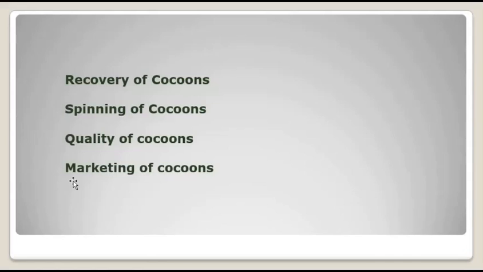So what does it mean? It means that the prices are going to be monitored and governed by the government. So the government has a check on the market value of the cocoon, and there is no need to worry about it. No doubt, sometimes there will be slight fluctuation in the market that we should consider.